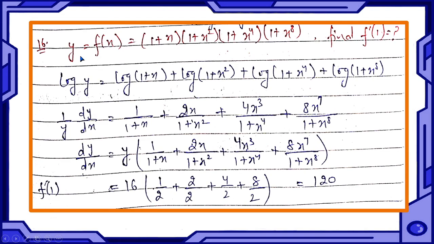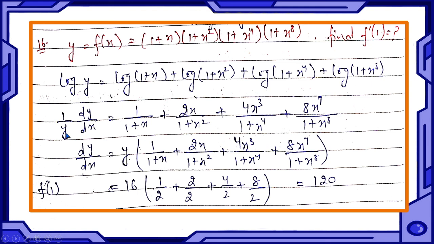Question number 16, y is equal to f(x) is equal to this thing. We have to find f dash 1. First of all, taking log to both sides, log y is equal to log abcd, which means log a plus log b plus log c plus log d as per the properties. Then take the derivative, 1 by y. We are taking the derivative with respect to x.